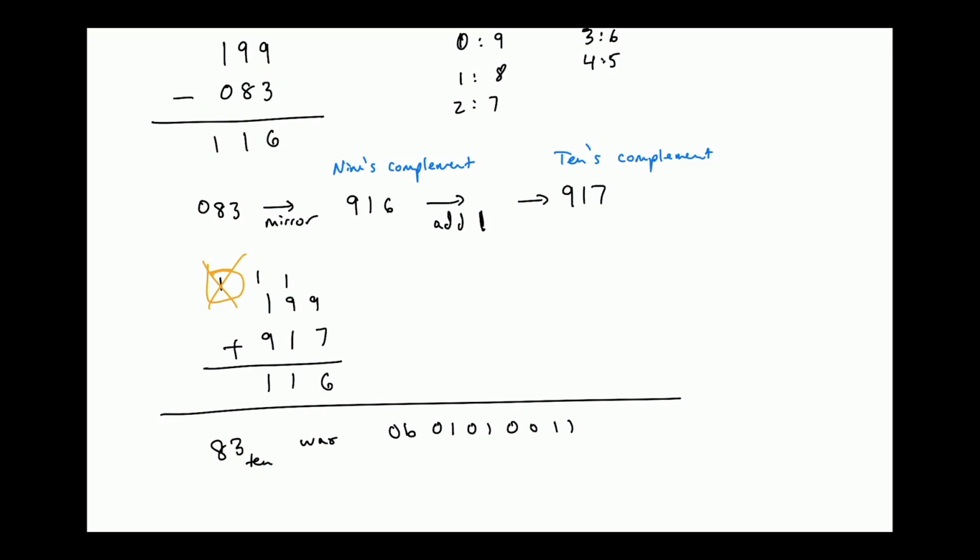What I did was I turned it into an addition problem. So instead of thinking of 199 minus 83, I'm going to think of that as 199 plus negative 83. Same thing algebraically, but by thinking of it in that slightly different way, we can be devious.